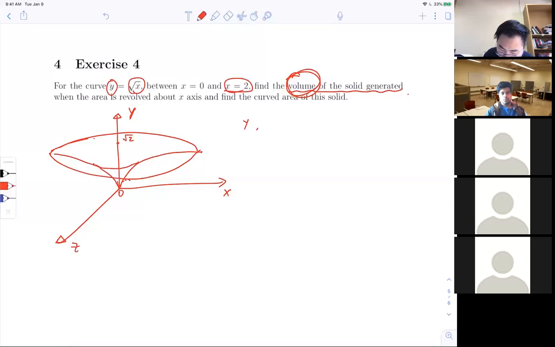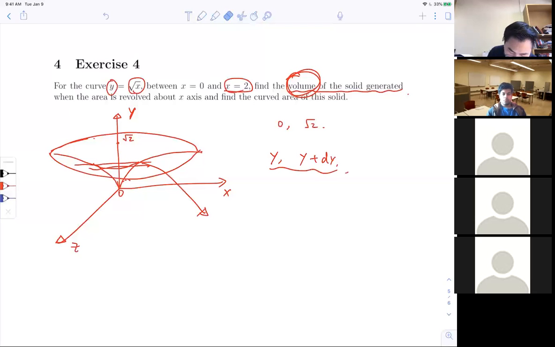Meaning that the range of y is from 0 to square root of 2. For the volume, let's look at a random y and also y plus dy.